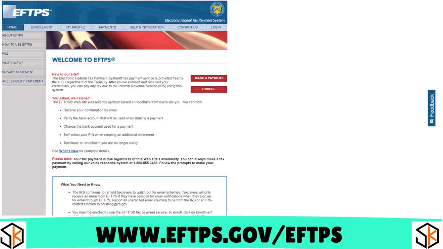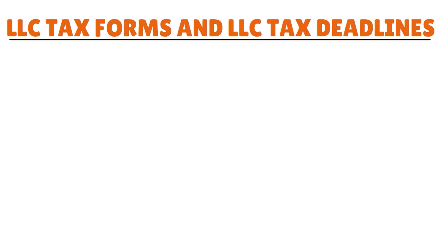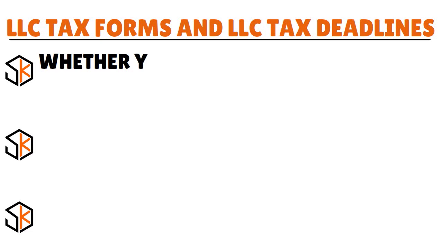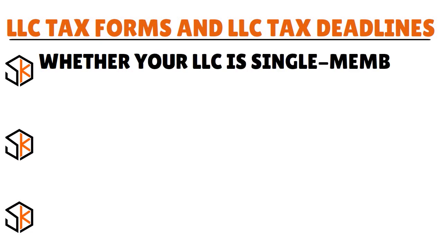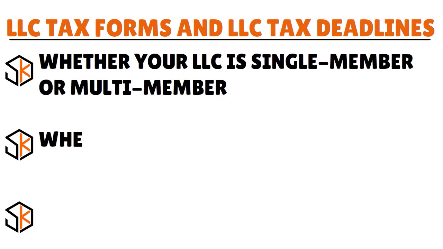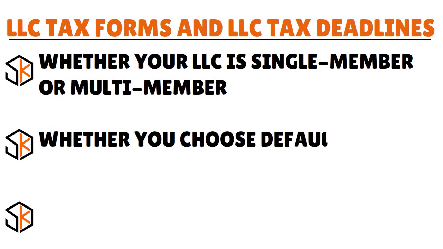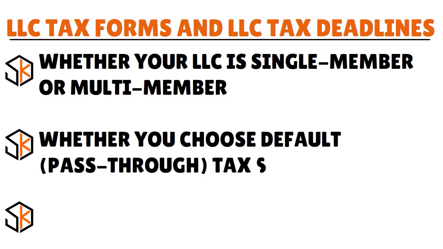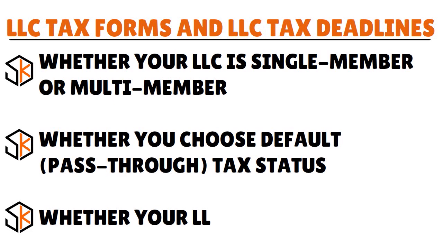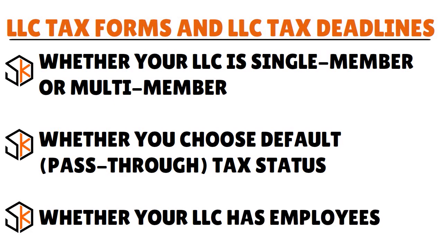Now, one thing I want to say here is that when we talk about LLC tax forms and LLC tax deadlines, including estimated quarterly tax payments, it really depends. The exact tax forms you will need to complete your LLC taxes depend on three things, only three things: whether your LLC is a single member or multi-member, whether you choose default, in other words pass-through, tax status or corporate tax status for your LLC, and whether your LLC has employees.